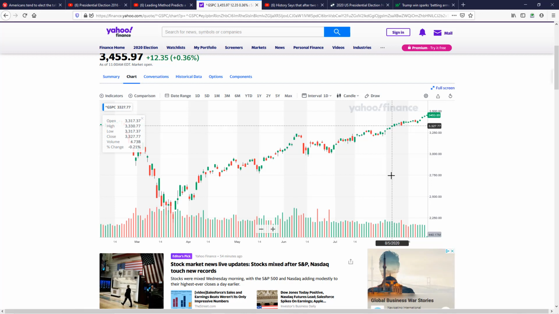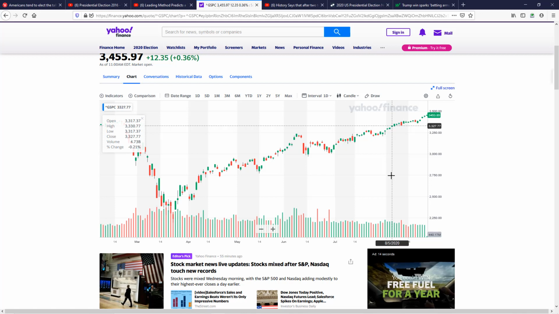So that basically is very supportive of Trump winning. But this method doesn't make a call until the day of the election. So we're just going to have to wait until then and compare and see what it says.